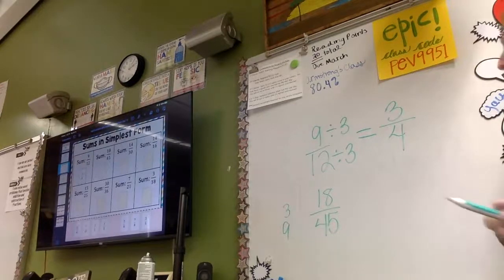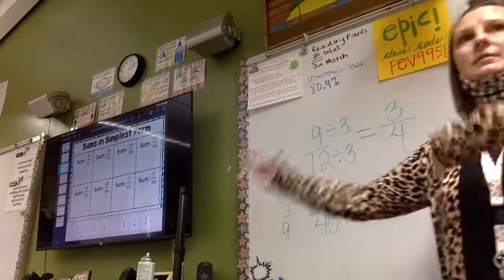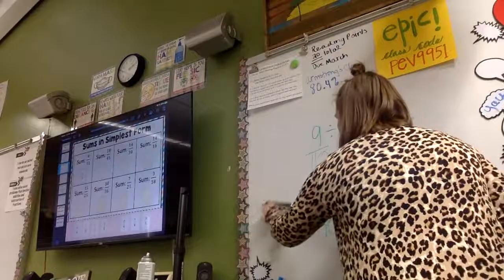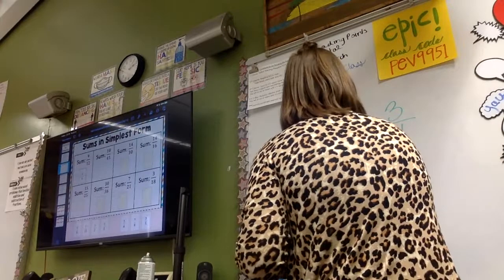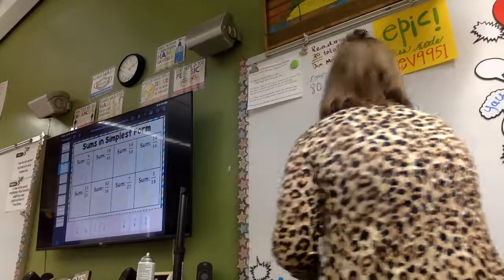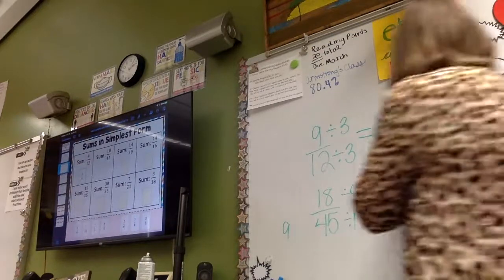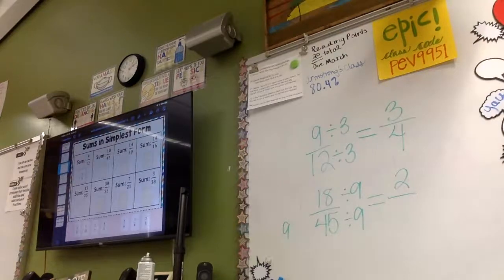Now, you're going to use the bigger of the 2. That way you don't have to do it multiple times. So, 9 is bigger than 3, right? So, we're going to divide both numbers by 9. 18 divided by 9 gives me what? 2. What about 45 divided by 9? 5.